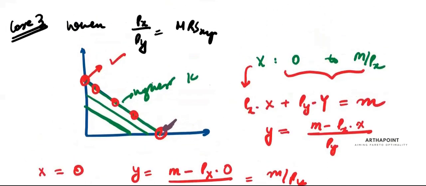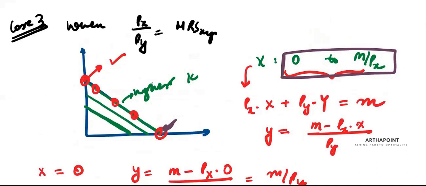So X can vary to any amount here. You can consume any combination of X and Y because they have equal price. If they have equal price, I can distribute my income half-half on both of them, or I can consume just one of them, or the other. I can make any combination possible.